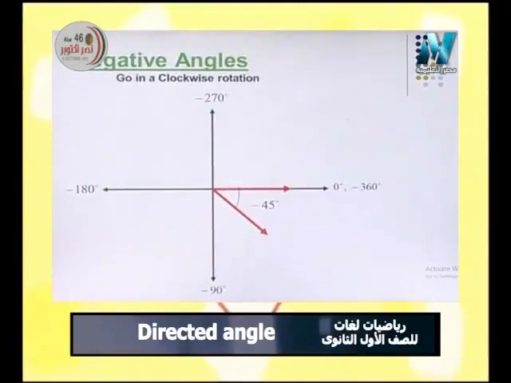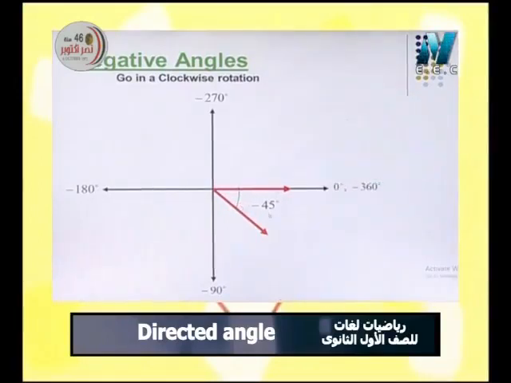We have here the initial side, which is the positive direction of the x-axis, and the terminal side here, and this angle equals 45 but in negative, because we go here in clockwise direction, so it is negative 45 degrees.